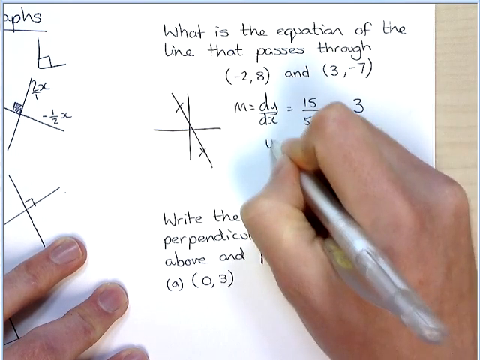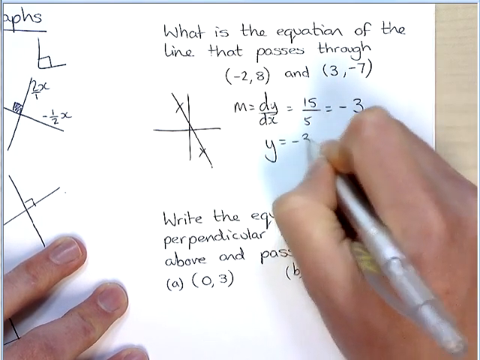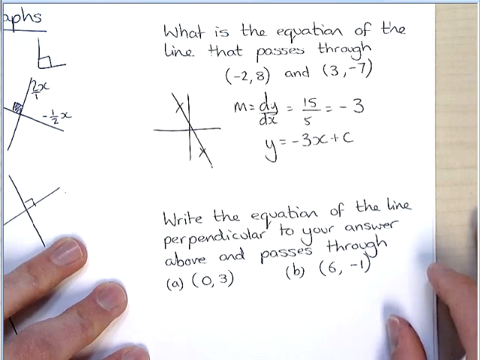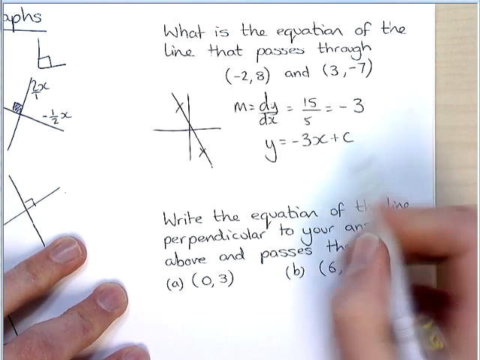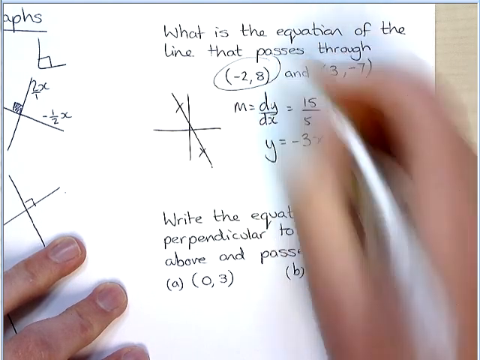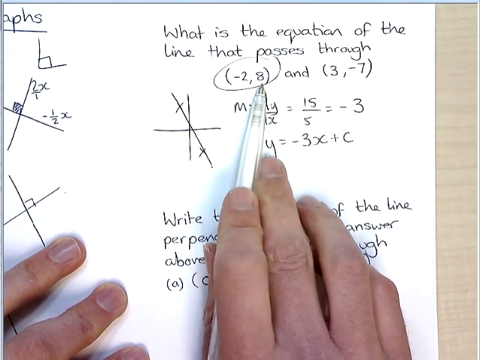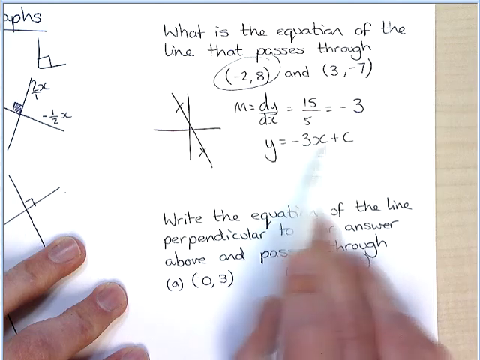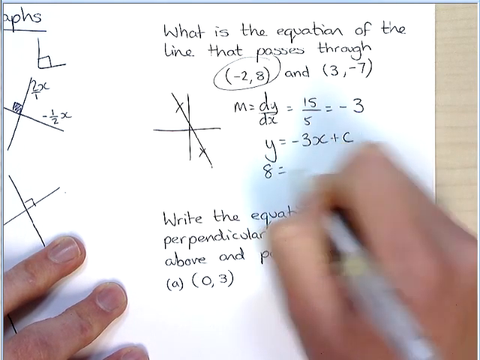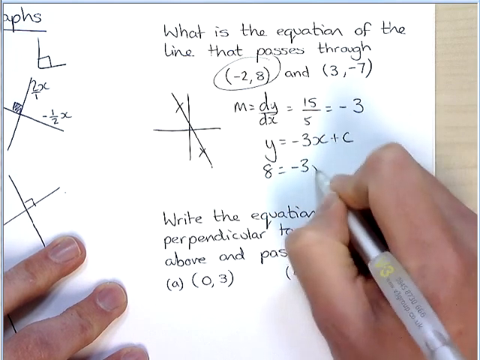So what I've got at the moment is this. Now, most people like to substitute in. It's much easier if you don't, but I'll substitute in. We've got 2 coordinates. Let's just use this one. Because we have an x value and a y value, I can just substitute them in. So y is 8, so 8 is minus 3 lots of minus 2.